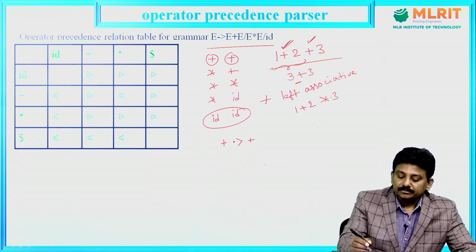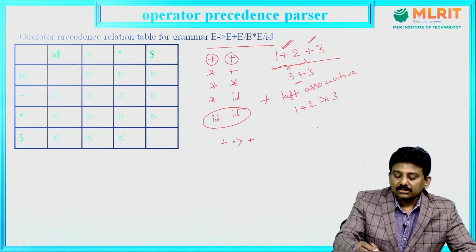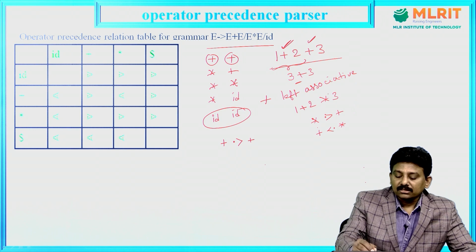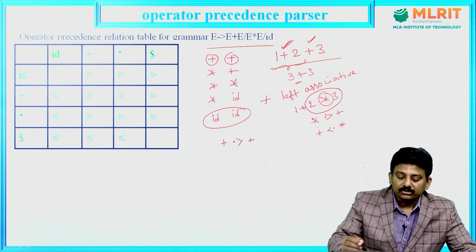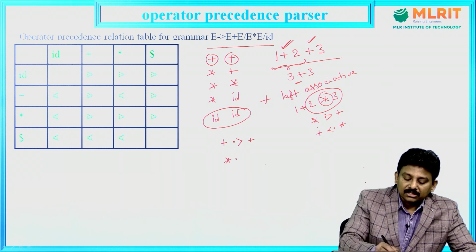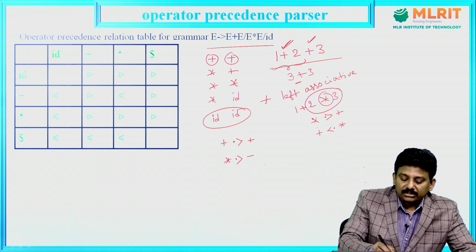Now take 1 plus 2 star 3. Between plus and star, the relationship must be that star has more precedence than plus, or plus has less precedence than star, because star always has more precedence. First 2 star 3 will be evaluated, and that result will be added to 1. So star is higher precedence than plus.